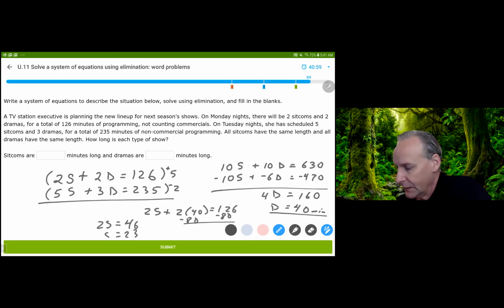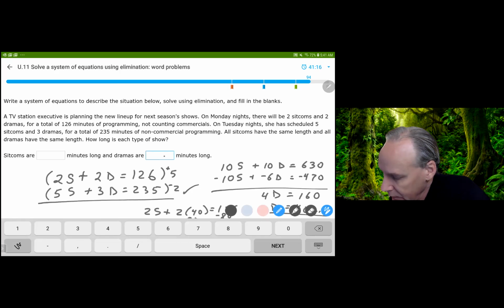So we have 23 times 5, which is 115, plus the 120 for our dramas gives us 235, which is correct. So our dramas are 40 and our sitcoms are 23.